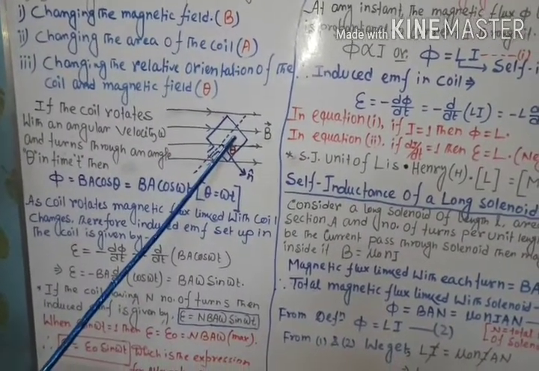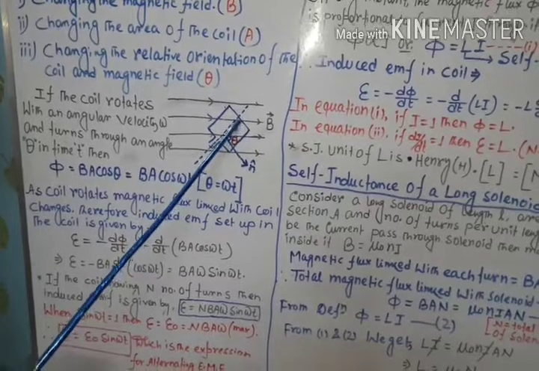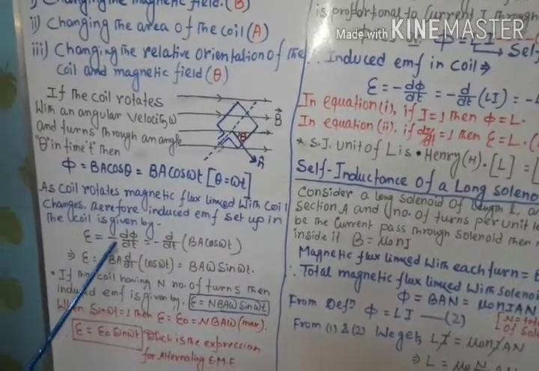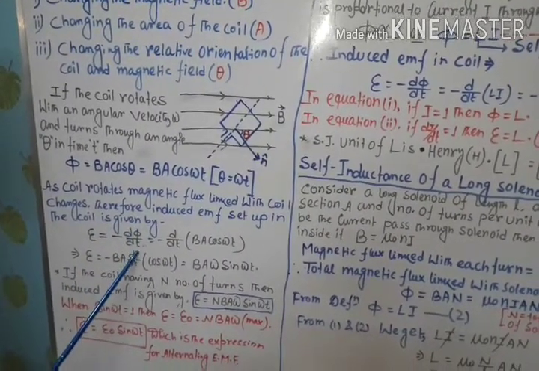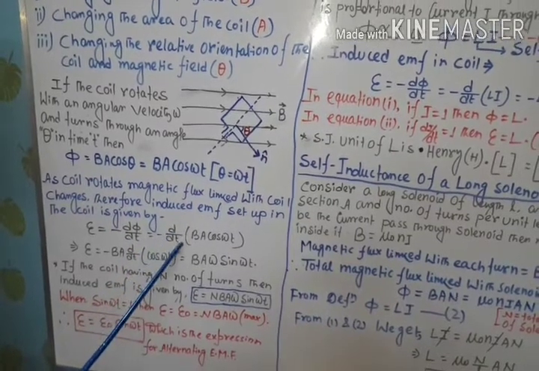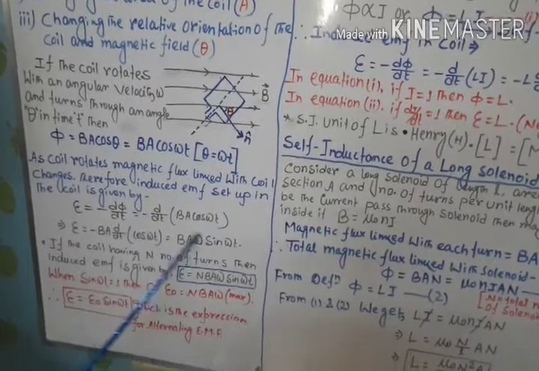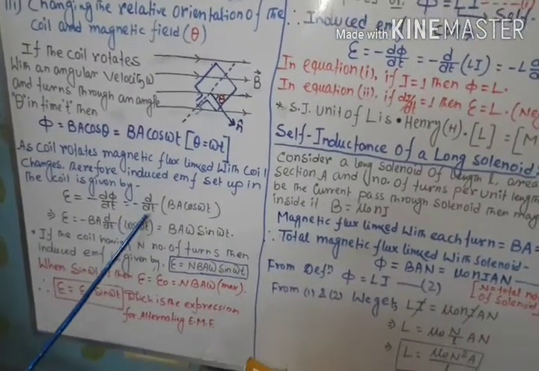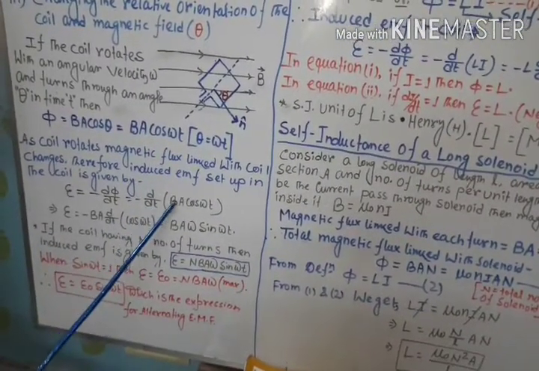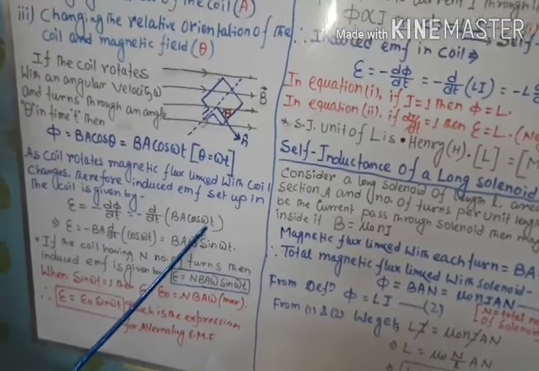From Faraday's second law, the induced EMF is given by E equal minus d phi by dt, equal minus d by dt of BA cos omega t. This is differentiation with respect to time, so B, A and omega are constant.